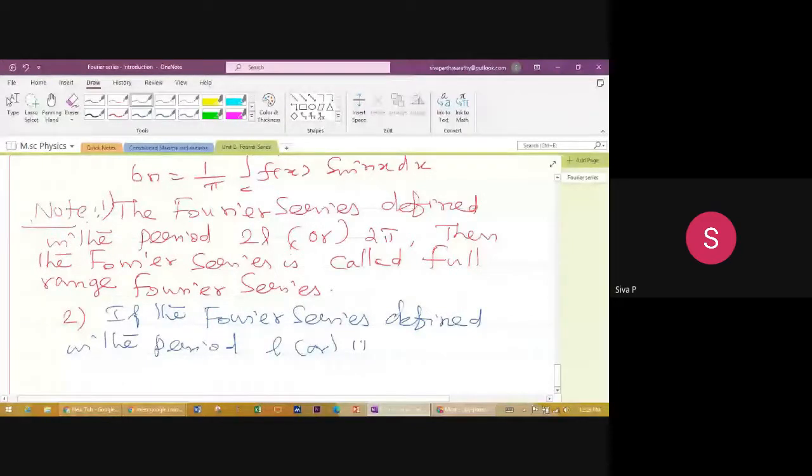So 2l or 2 pi is there, right? That is a full range Fourier series. If it is l or pi, then the Fourier series is called what? What is that Fourier series called? If it is full, then it is what? Half, sir.